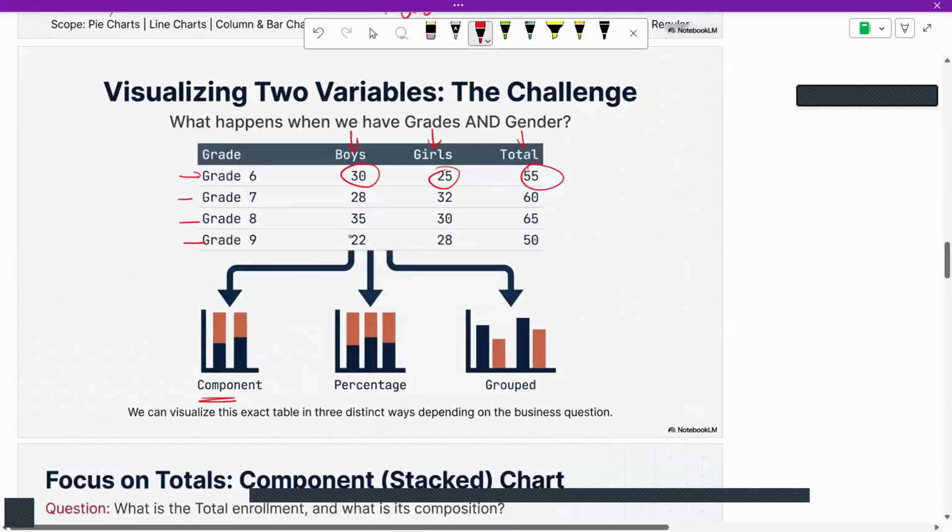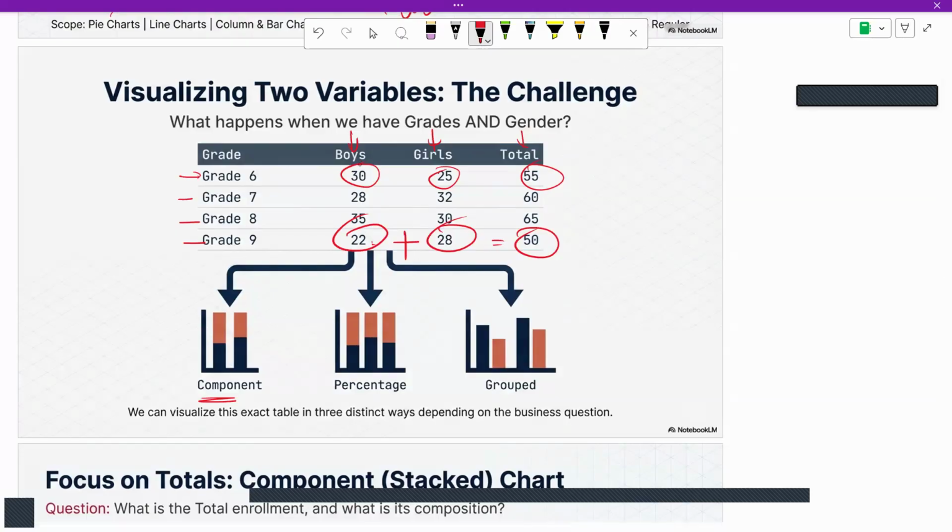Likewise, grade 9: 22 boys, 28 girls, and 50 total. How do we get the total? Boys plus girls equals 50. Right. So we have to show the boys and girls in one chart.